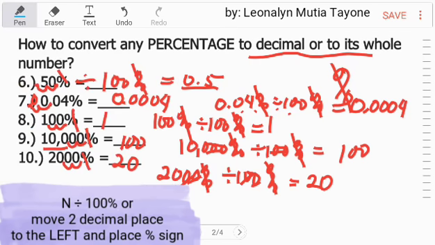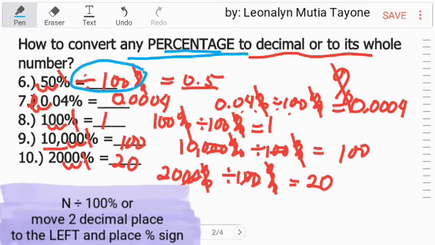Napansin nyo, kung mag-cancel out tayo ng percentage o percent sign para babalik siya sa decimal numbers niya or sa kung whole number man siya dati, mag-divide lang tayo ng 100%.